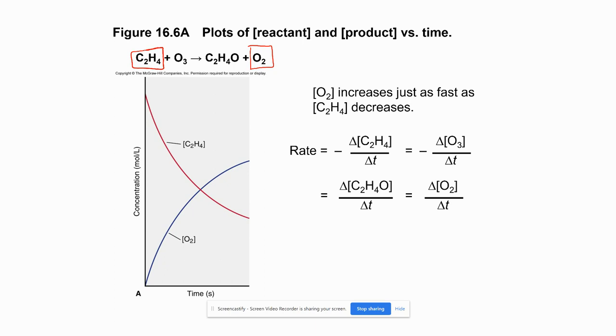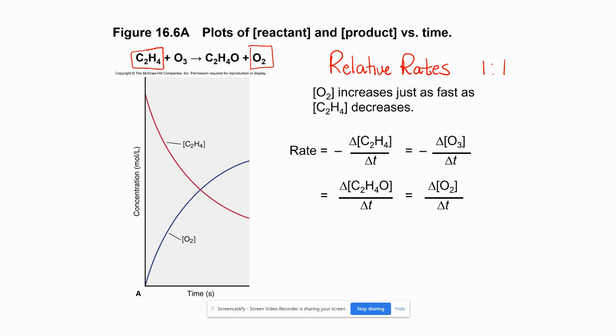And so in this case, we can start to write what are called relative rates. The mole ratio is 1 to 1, right? C2H4 is disappearing at the same rate as oxygen is appearing.